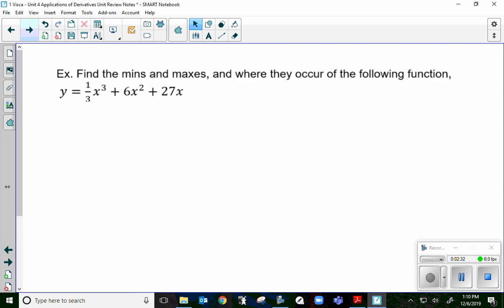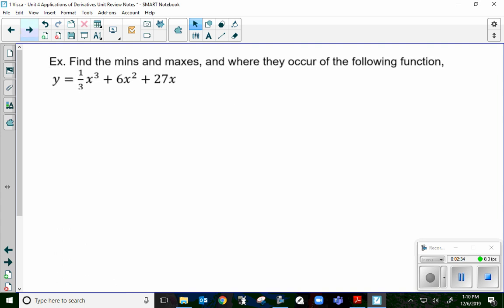Now, find the mins and maxes and where they occur of the following function, y equals 1/3 x cubed plus 6x squared plus 27x. They're asking us for two things here: the value of your mins and maxes, and where they occur.